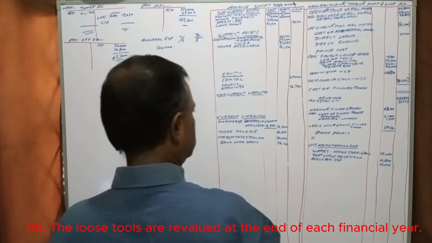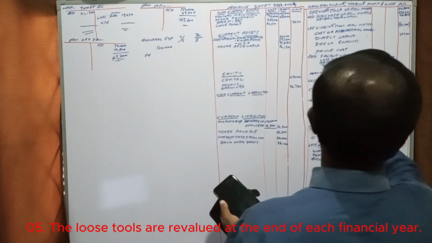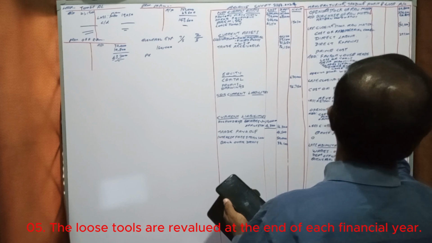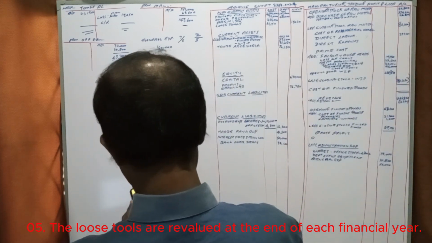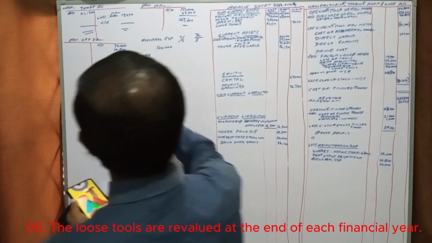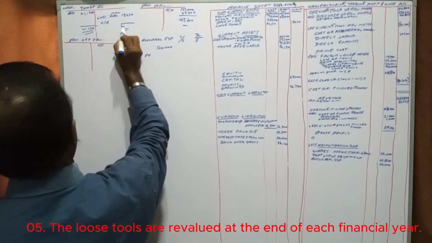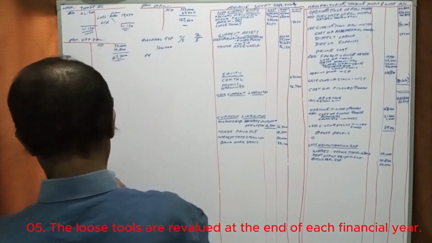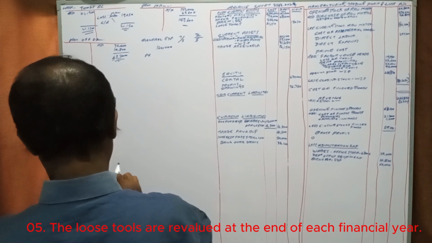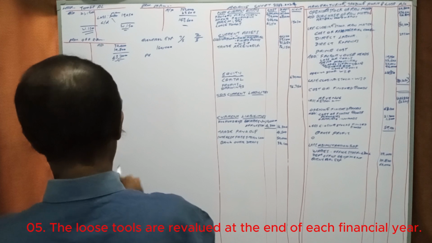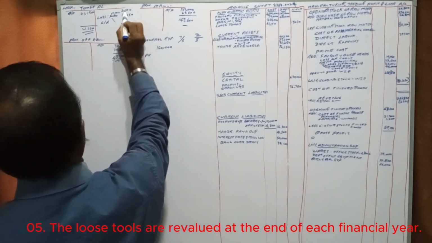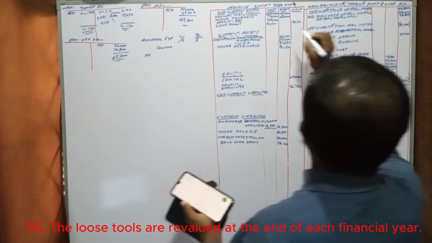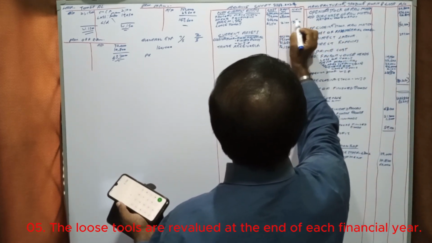Then 21,150 is the carry down balance, minus 19,050, 2,100 to manufacturing account, right? 2,100.